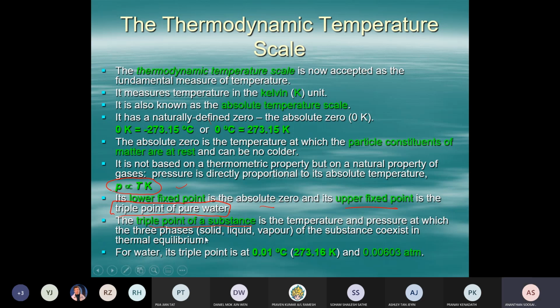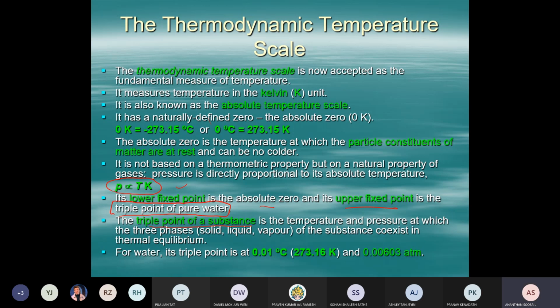You might not have thought about this before. The H2O in the form of solid ice, liquid water, vapor steam: the ice, water, and steam coexist together at one single temperature. It's called the triple point of water.